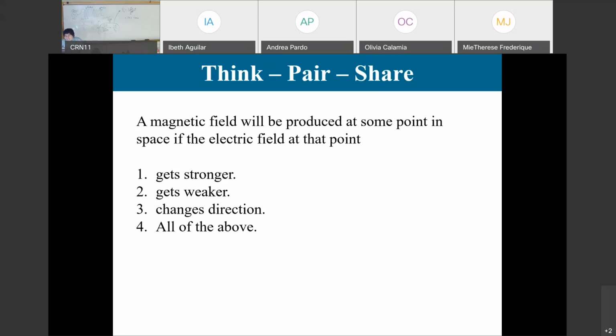An acceleration is due to going faster, going slower, or changing direction. So that's how you can remember, right? An electric field, which is a force field, gets stronger, gets weaker, so that means that you will have an electric field if a magnetic field changes. Either gets stronger or changes direction, or both.